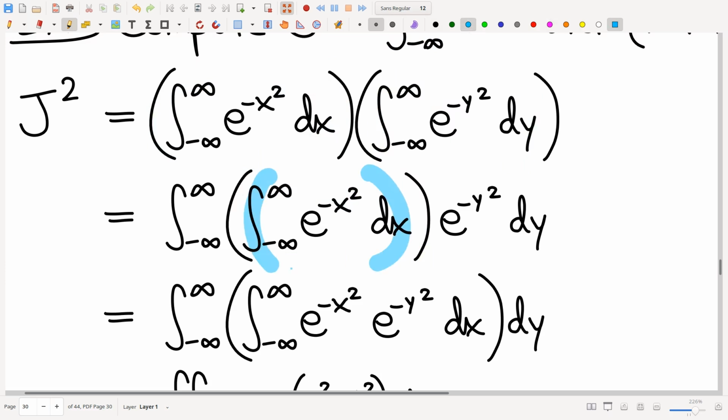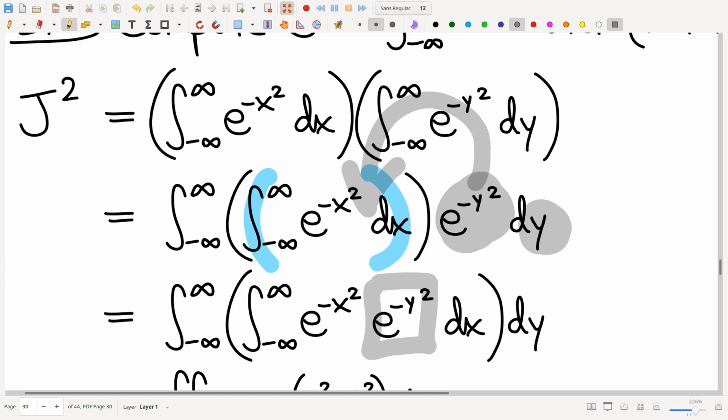And then I can look at this x integral. Note that's the inside integral, which means that my outside variable, for the purposes of that inside integral, is to be viewed as a constant. That means e to the negative y squared is a constant, and that constant can just whip inside of there, like so.